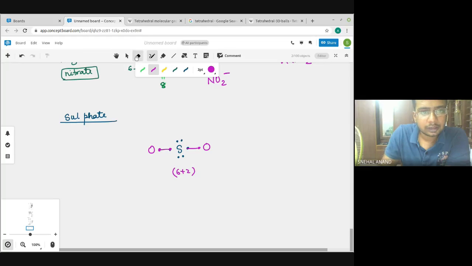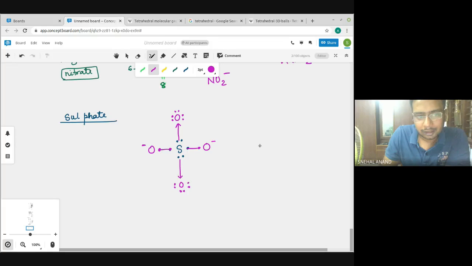Now this sulfur says, let me use this lone pair of electrons to form a coordinate bond and help this oxygen. And same, I'll use a coordinate bond and help this oxygen as well. And these 2 oxygen can take their last electron from someone else.